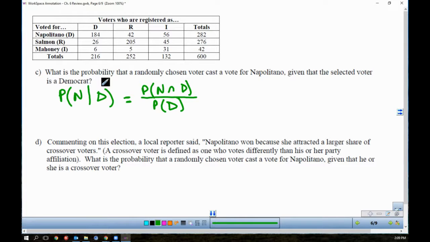The second one's always your denominator. So Napolitano and Democrat, I think that's 184. I made this table way too small for me to see this far away. And then the number of Democrats is 216. So this is approximately equal to what? 0.8519.